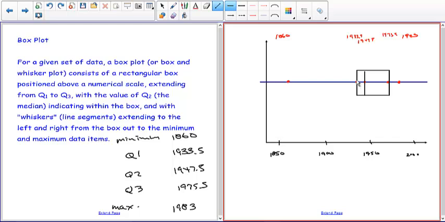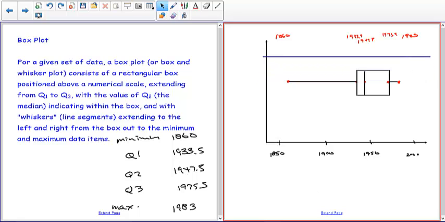So I go from here out to there, and from there out to there. So those are my whiskers, and then I can remove my little guide because I don't need that anymore. That was just to help me draw things, but it's in the way.